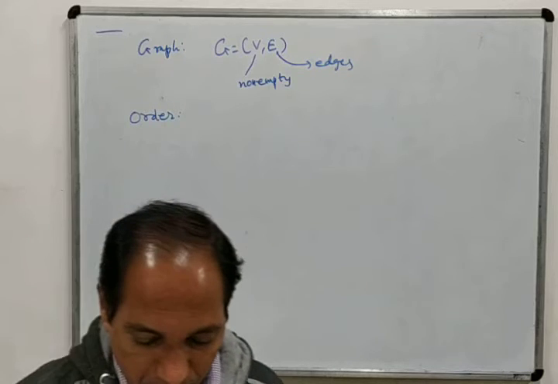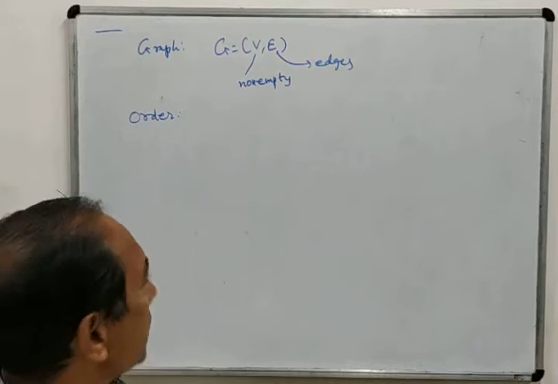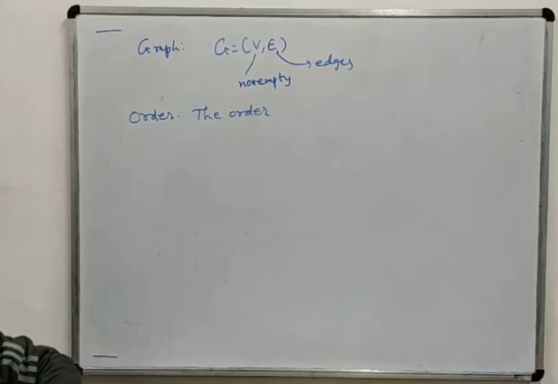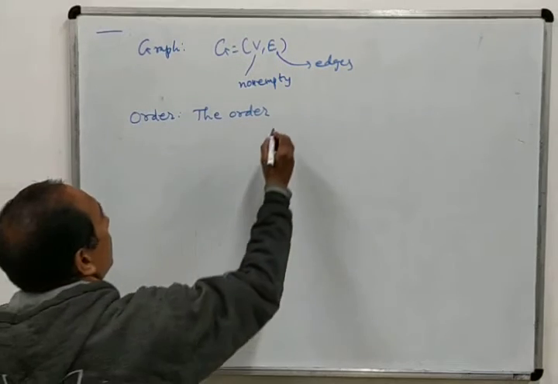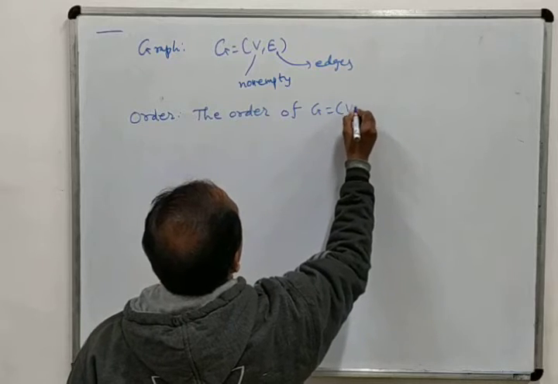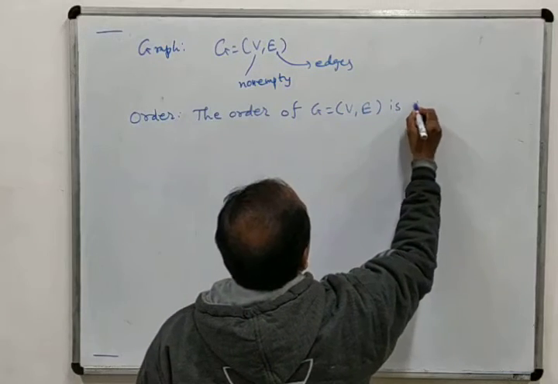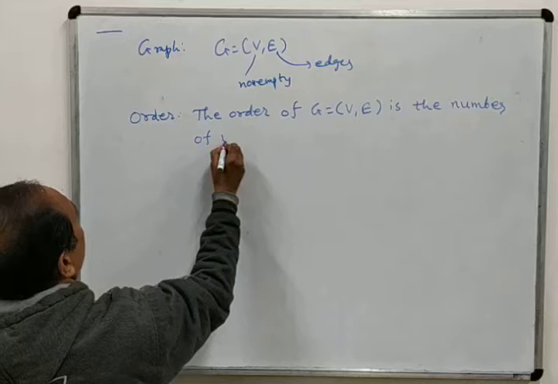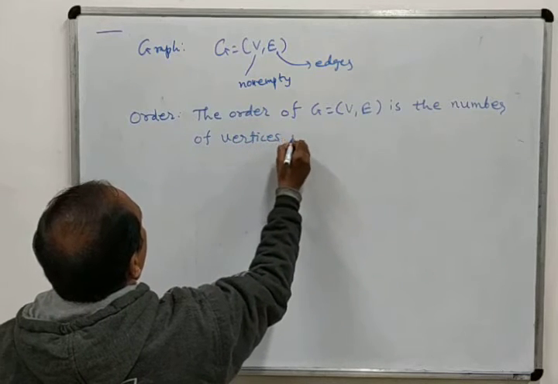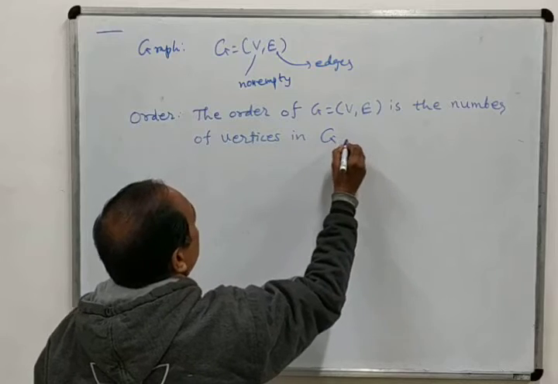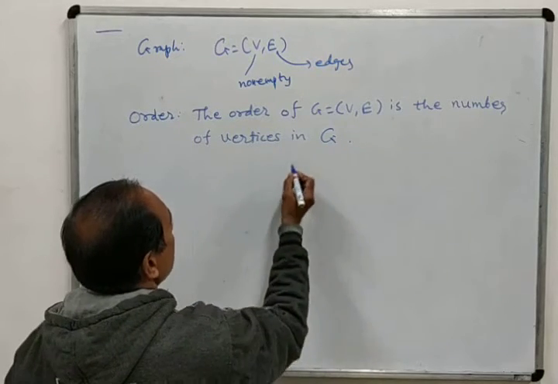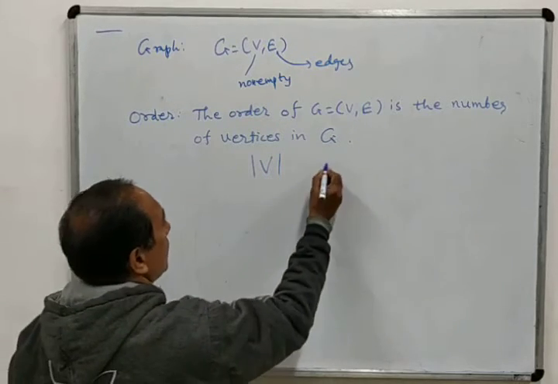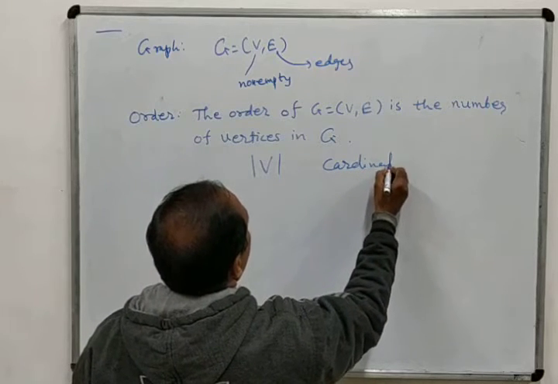The order of a graph is nothing but the number of vertices in the graph G. The order of a graph G equal to (V, E) is the number of vertices in the graph G. That means the number of vertices is nothing but the number of elements in the set V, and this is denoted by modulus V. This is known as the cardinal of V. Sometimes we also call this the cardinality of V.